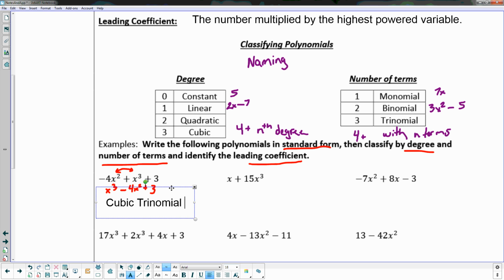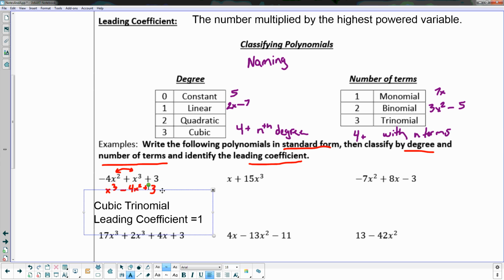And then for the leading coefficient, the number that's being multiplied by x cubed is just a 1. So it's a cubic trinomial with leading coefficient 1.